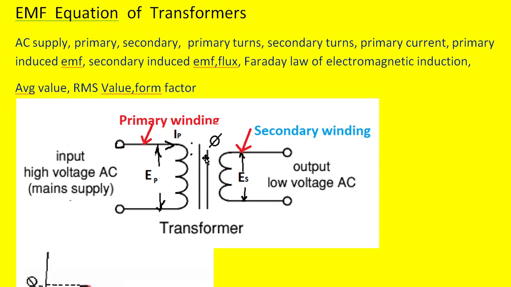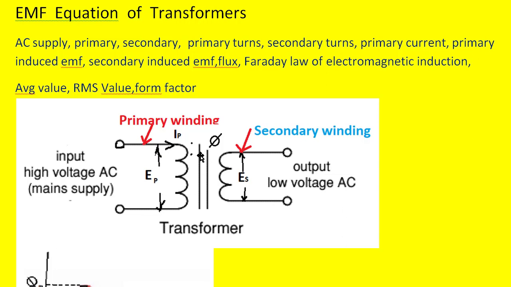So once this time varying flux links with the primary winding, and there are a number of turns on the primary winding, there will be an induced EMF as per Faraday's law of electromagnetic induction in the primary winding, and that induced EMF in the primary winding we call EP.